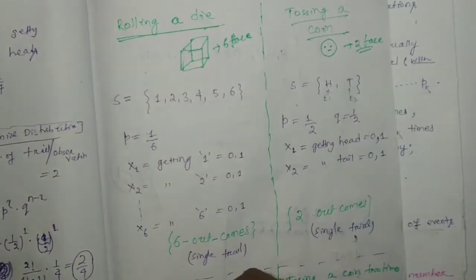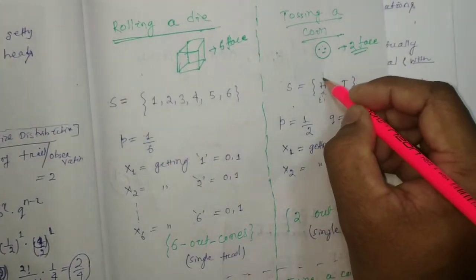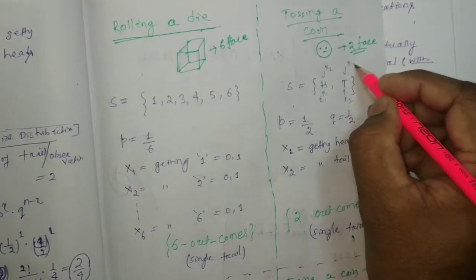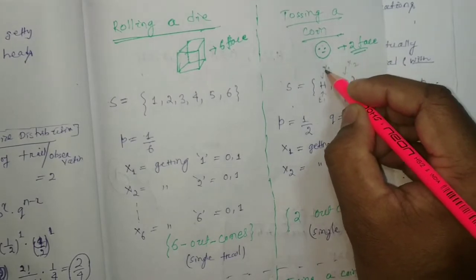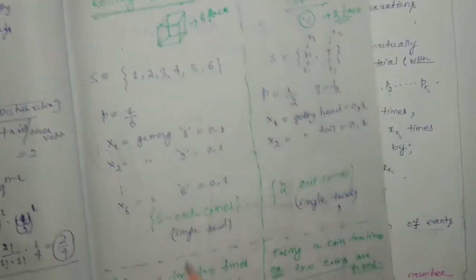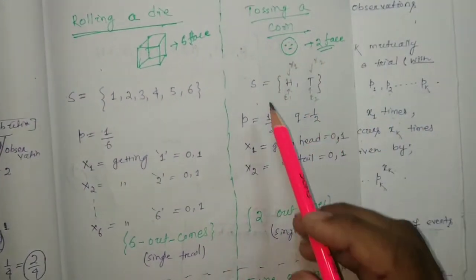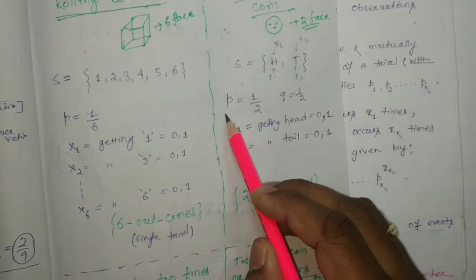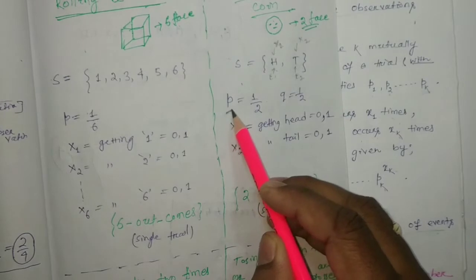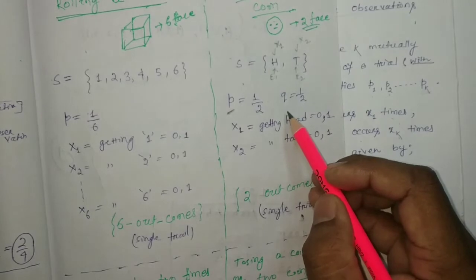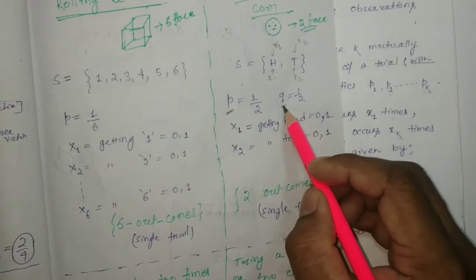Or we can consider it in a generalized way: this is one random variable X1 and this is another random variable X2, capital X1 and capital X2. So for one toss, the probability of getting head, suppose P, is 1 by 2, and the probability of getting tail, if we consider Q, also will be 1 by 2.